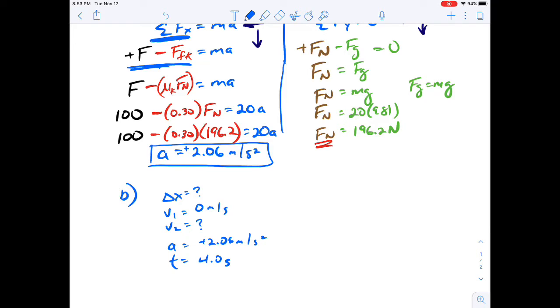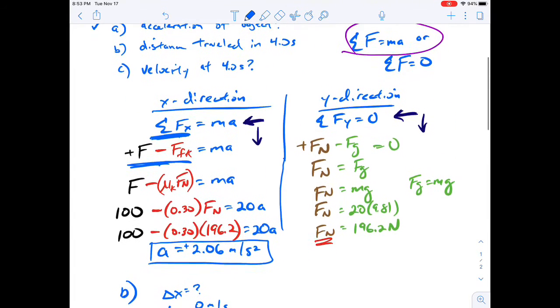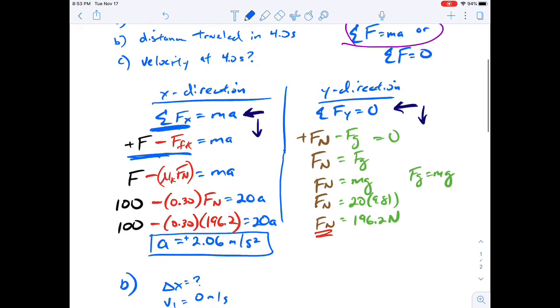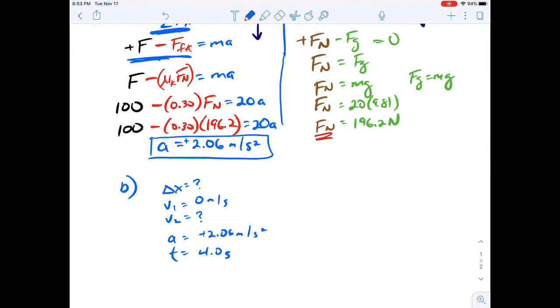Probably the best formula to use for time, or no, the first one we want to use, wow, Tapper. Yeah, no, we have time. Oh my goodness, Tapper. We have time. I want to know distance traveled. Wow. Okay, so we want to use this one. We want to use good old classic 1/2 at squared.